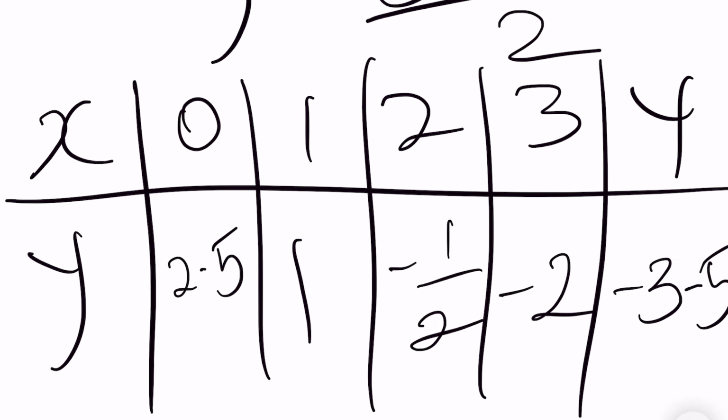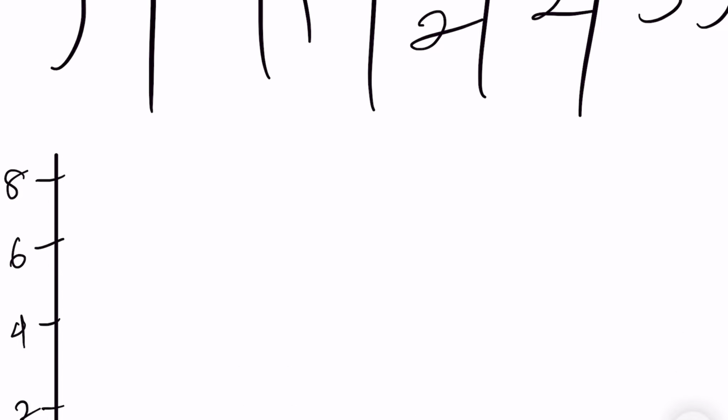And for the negative, we go down to 3.5. So we have minus 1, then 0, minus 2, minus 4, and minus 6. We have our x from 1 to 5: 1, 2, 3, 4, and 5.